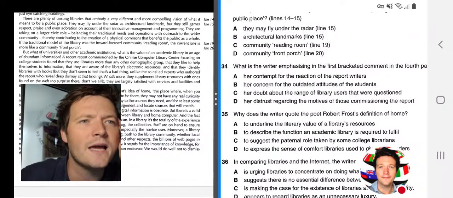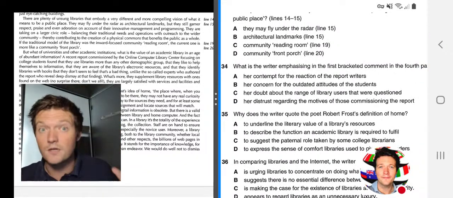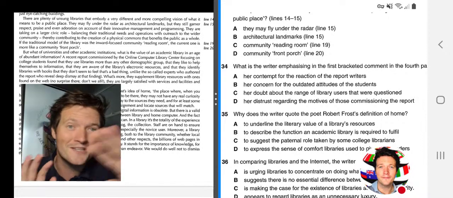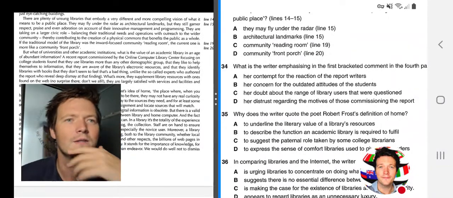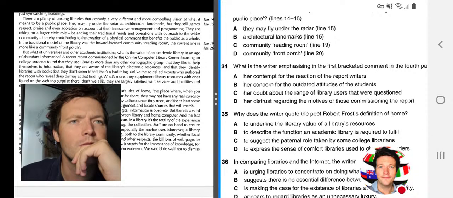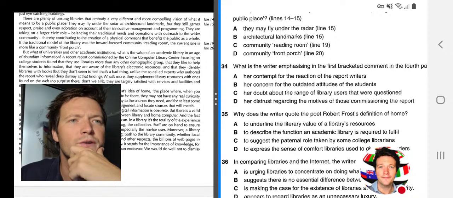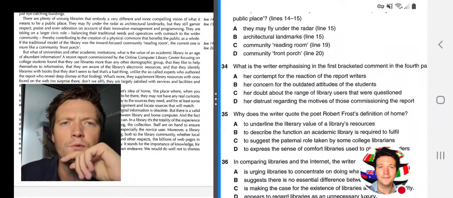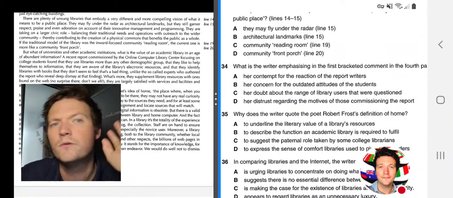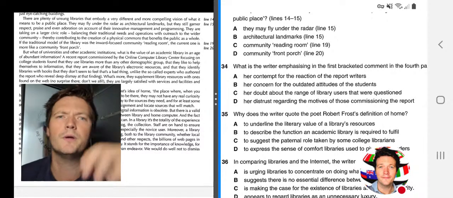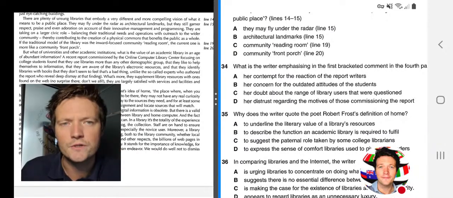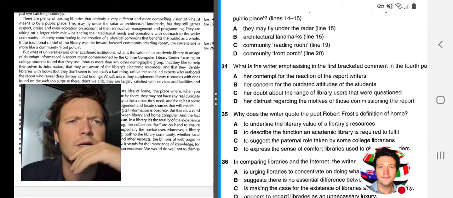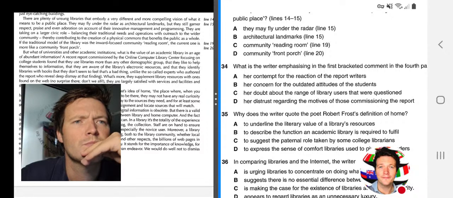B, her concern for the outdated attitudes of the students. She's not concerned. For some reason, the authors of the reports are concerned, but she's not. She thinks it's fine. C, her doubt about the range of library users that were questioned. No, she does say that overwhelmingly it's students who go there, but I don't think she's doubting who was questioned for the survey, so I don't think it's that.